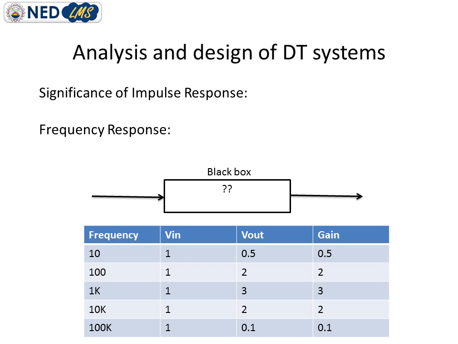If you notice the trend of the gain, it is increasing from 0.5 to 2 and 2 to 3 with increasing frequency, and at a certain frequency its maximum value occurs, which is at 1000 Hz.